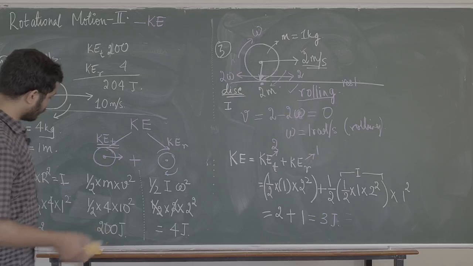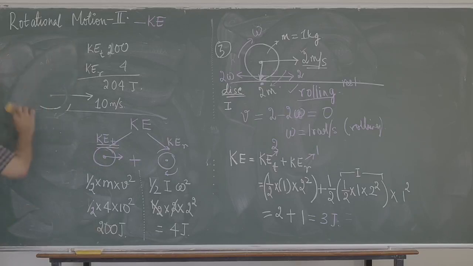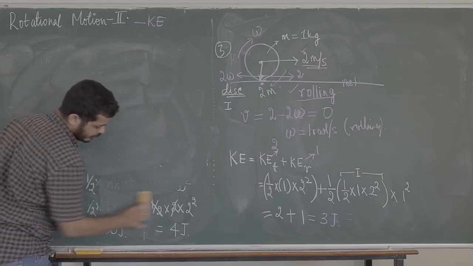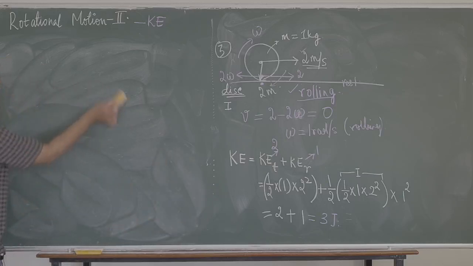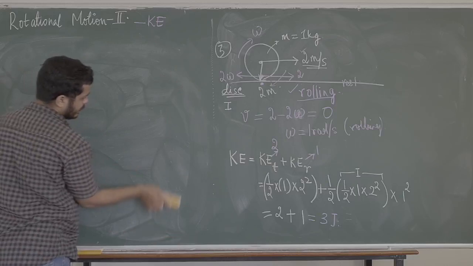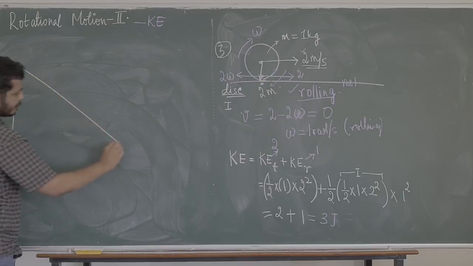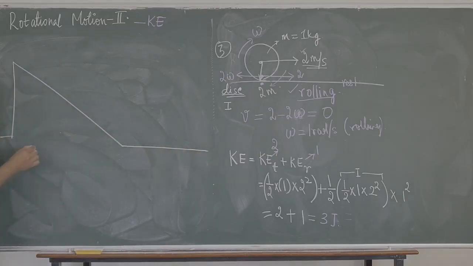Alright, few more questions. Let's at least try 1 or 2 more questions before we wind up. Let's give you an actual problem, slightly different. Let us say there is an inclined plane and an object is rolling down this inclined plane.